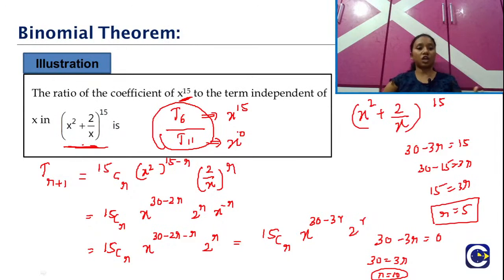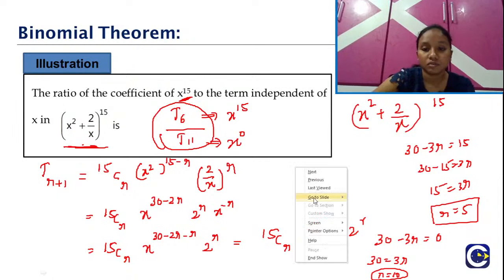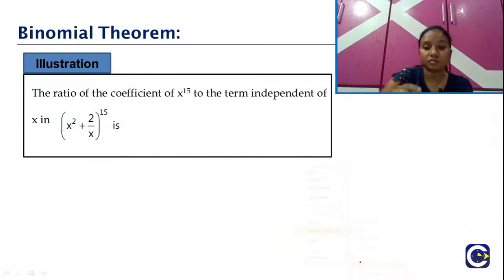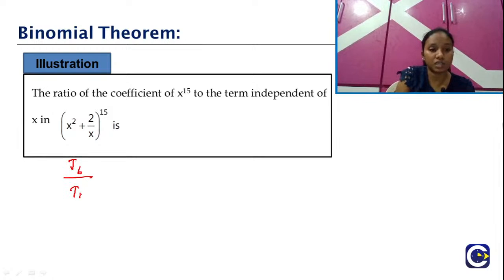So now as we have figured out which terms give the coefficient of x to be 15 and the coefficient of x to be 0, let's find the ratio of T6 divided by T11. So the ratio which we have to find is T6 divided by T11.